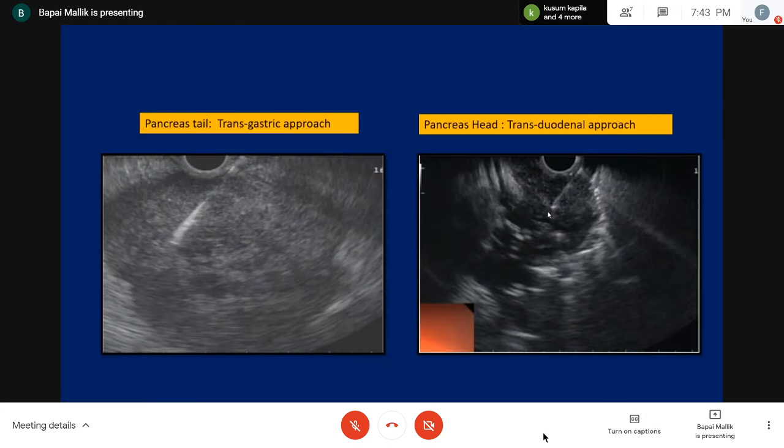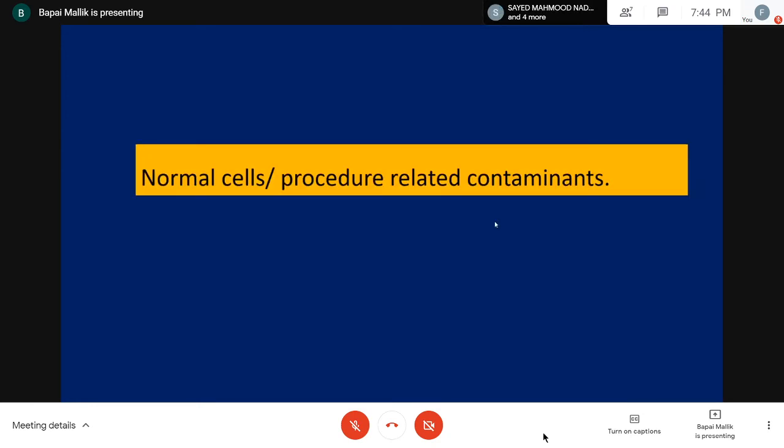So these are a couple of pictures showing you a lesion in the tail of the pancreas going through the transgastric route, and the other one, a lesion in the pancreatic head going through the transduodenal route. And I would like to thank Dr. Ali for providing me with these photographs.